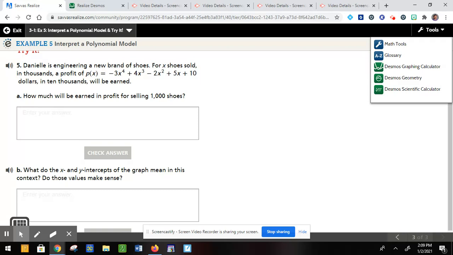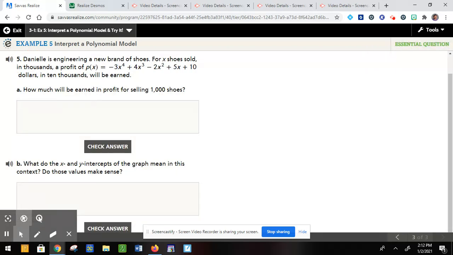Notice how X is shoes sold in thousands, so that would be an X value of 1, and Y is dollars in 10,000s. So whatever you get for the Y value when you graph this, you're going to multiply that number by 10,000 in order to get the answer for part A. And then part B would be looking at the intercepts, getting them in context and seeing if they make sense. So give that a try and then come back and we'll talk about it.